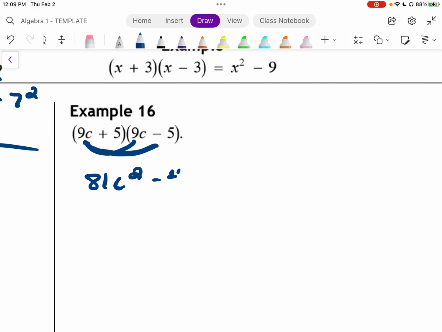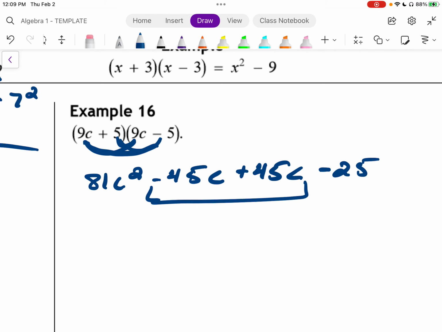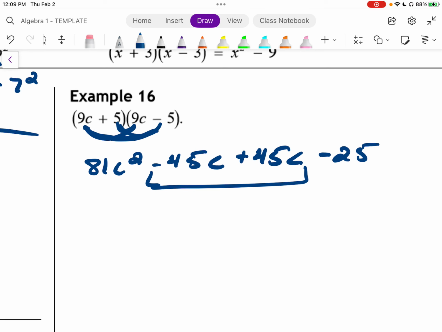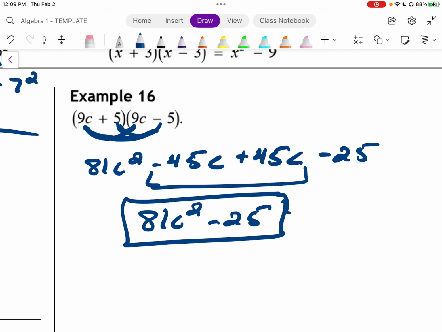Then we get negative 45c, positive 45c, and negative 25. Our middle pieces cancel, which is what should happen, right? With conjugates, that should happen. We should be expecting that. And then we get 81c squared minus 25. And that's that.